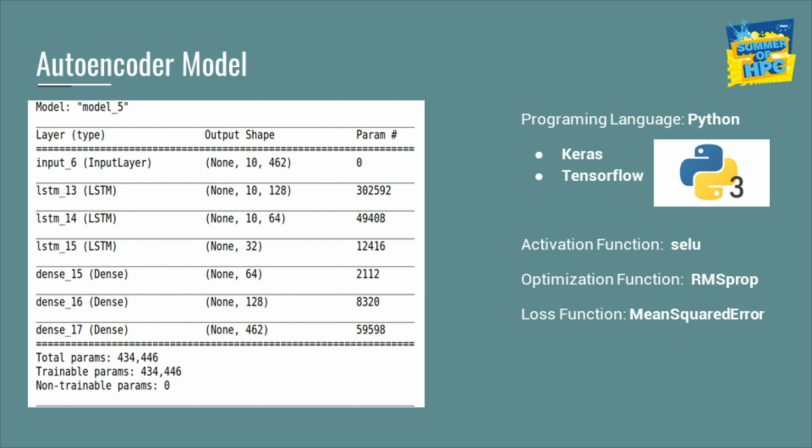This behavior is replicated at test time, where the reconstruction error is small for normal data samples and large for abnormal data samples. To identify anomalies, we use the reconstruction error as an anomaly score and flag samples with reconstruction errors above a given threshold. As you can see, for the encoder and latent layer, we used an LSTM layer, and for the decoder, we used a dense layer.